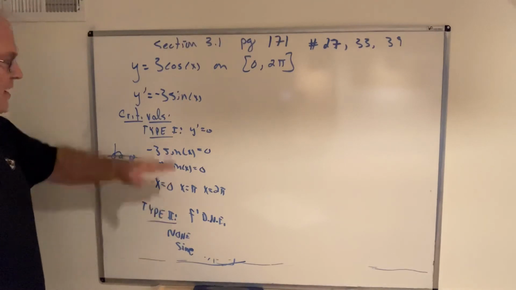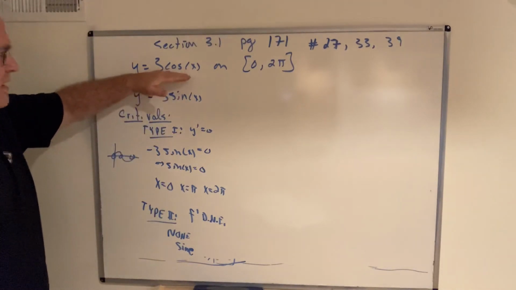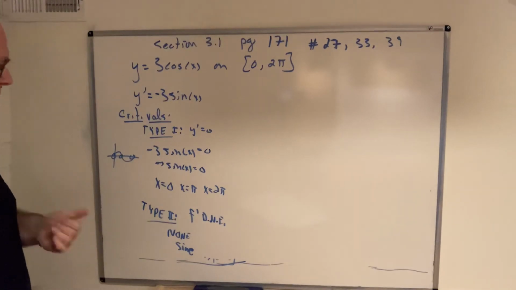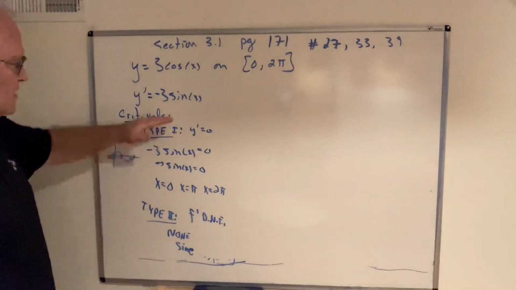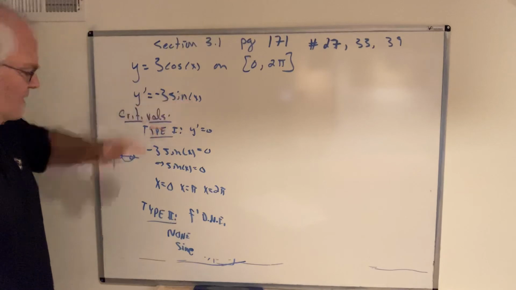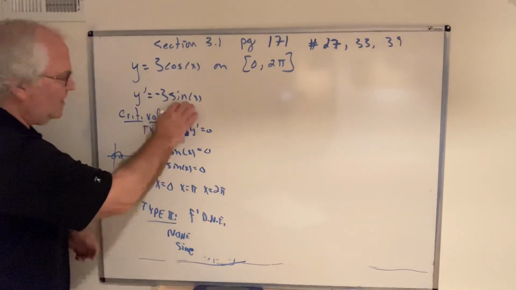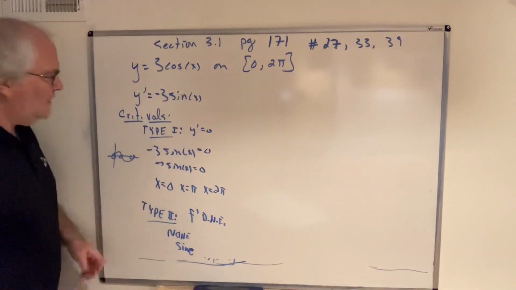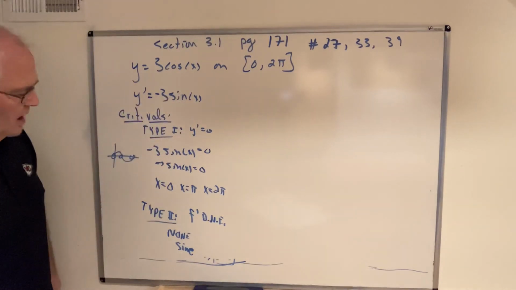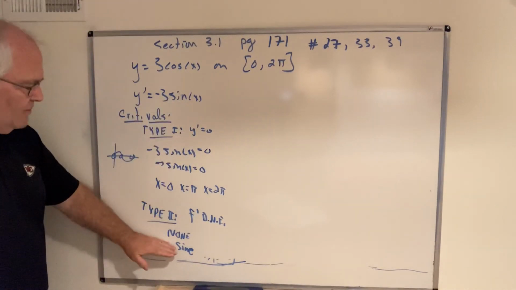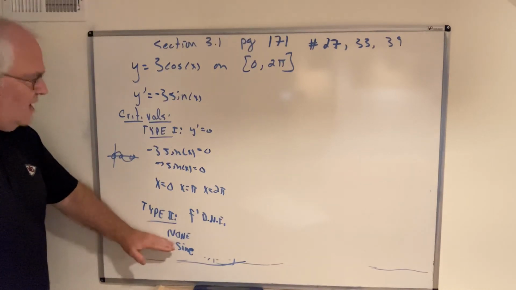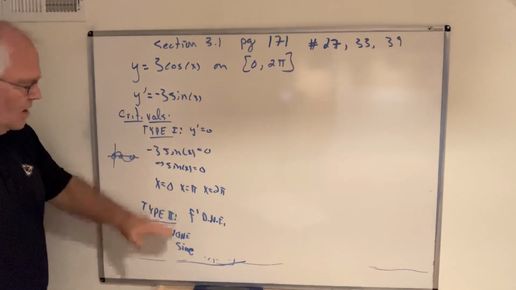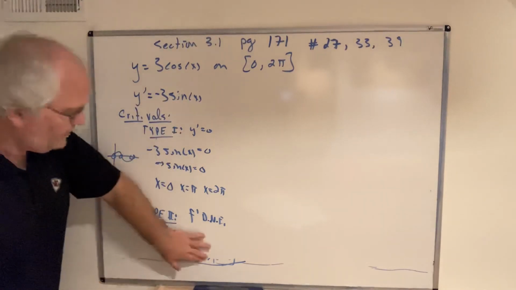Since the cosine curve has neither cusps and the domain is all the real numbers, there are none of them, because the derivative here is sine. If the derivative has domain of all real numbers, there are no type 2 critical values.